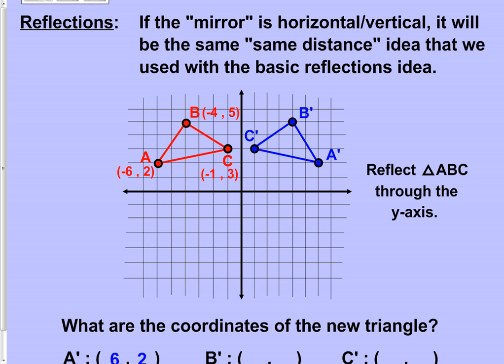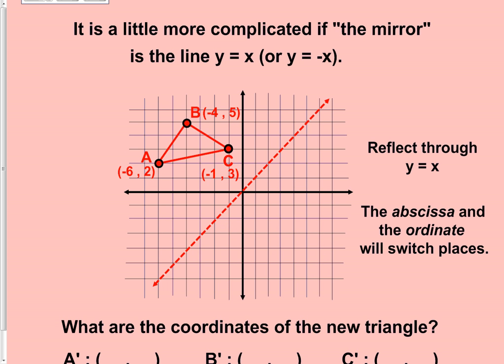Okay, here's that dreaded slanted reflecting plane that we were talking about. The plane of choice is typically the parent linear function y equals x. And there's a very simple thing that goes along with reflecting through the line y equals x or y equals negative x: the abscissa and the ordinate for each one of your ordered pairs are going to switch places and switch directions.